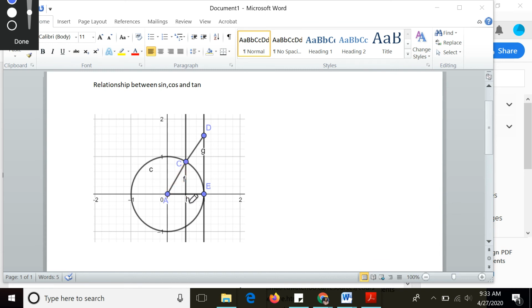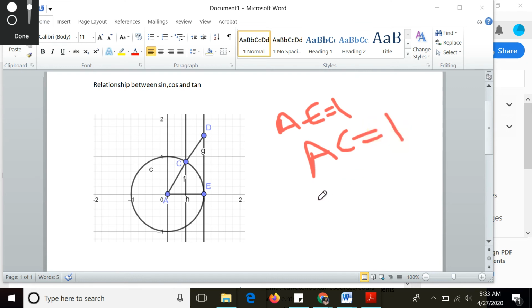Both of them are right angle triangles, and they are also similar triangles. This is a unit circle, so this is 1, and from A to E is also equal to 1, and A to C is also 1, because it's a unit circle. So we already know that. If I look at the small triangle, what is your theta here?